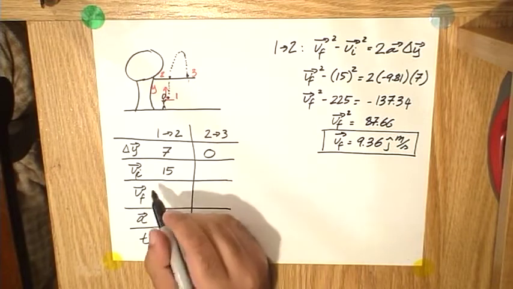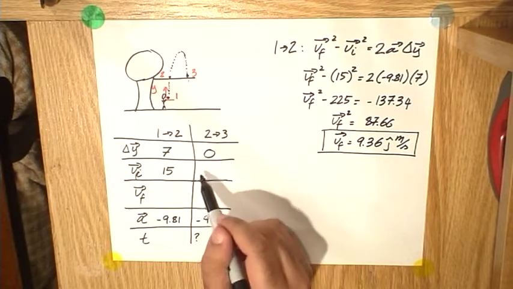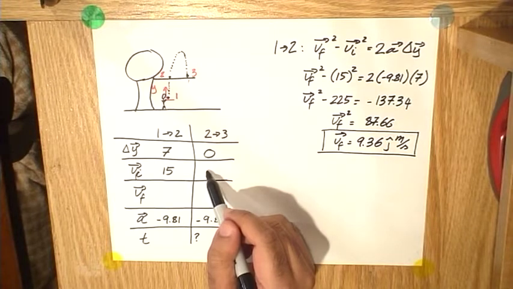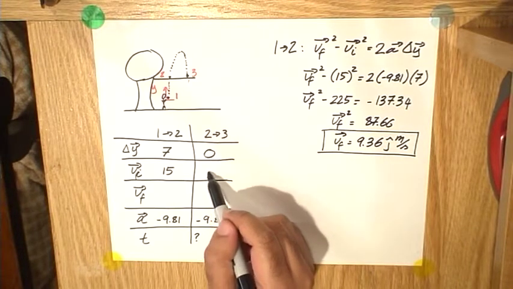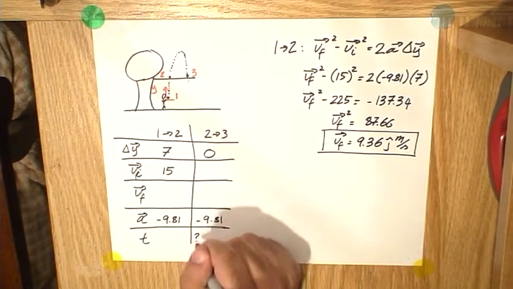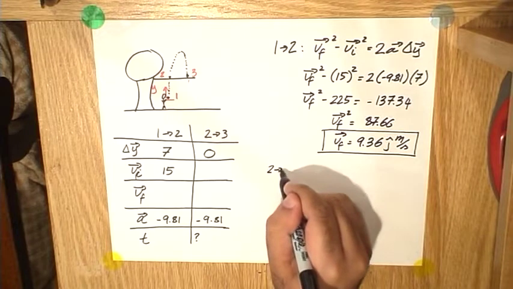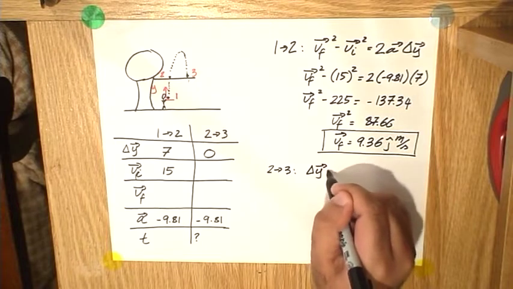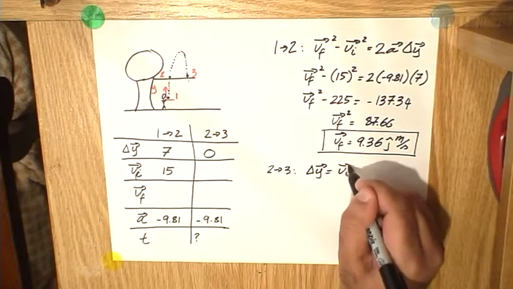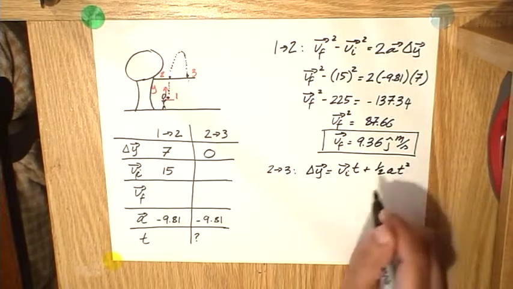Now, we know the final velocity for 1 to 2, which is also the initial velocity from 2 to 3. So we now have displacement, initial velocity, acceleration, and we're looking for time. The only equation that weaves together those four quantities is toolbox equation 3. Delta y is equal to v initial times t plus 1/2 at squared.